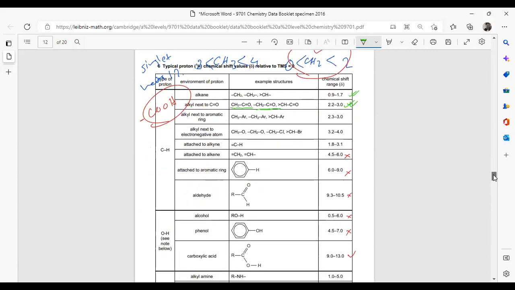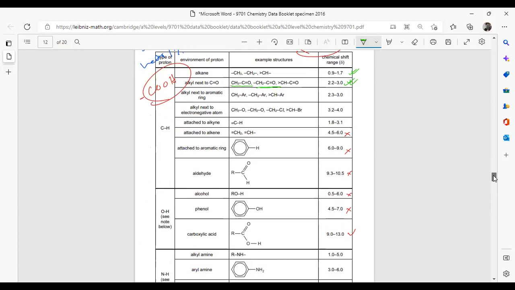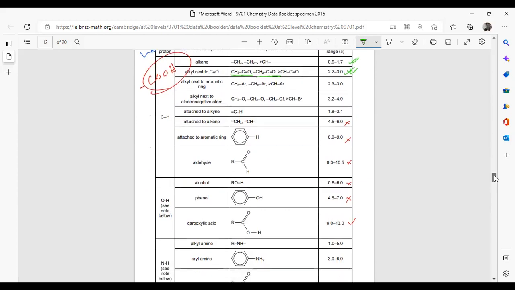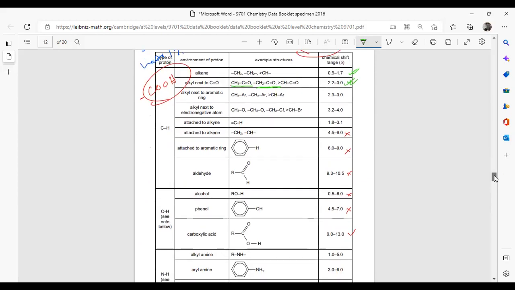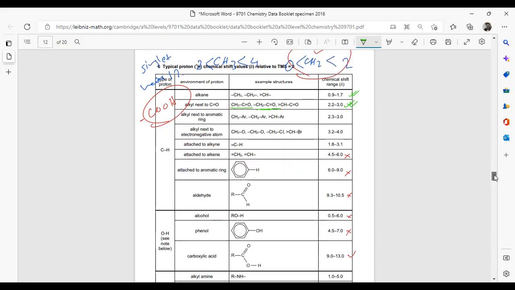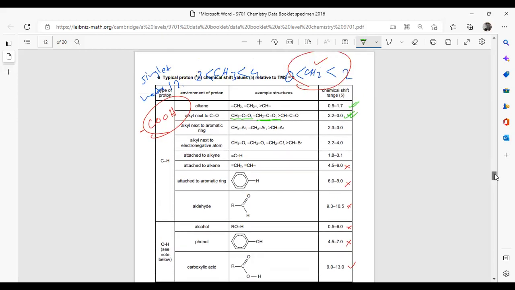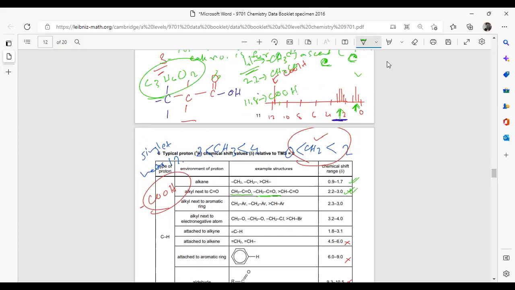Is there any possibility for ester linkage? Okay, no. So let's get back to our blackboard.